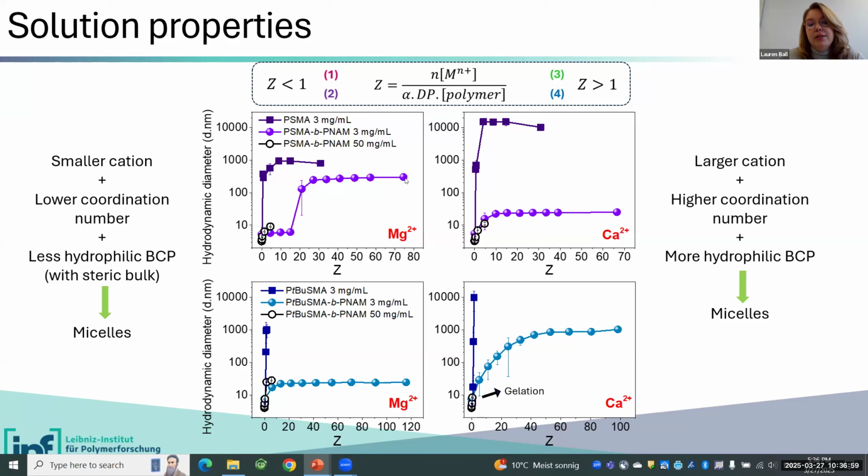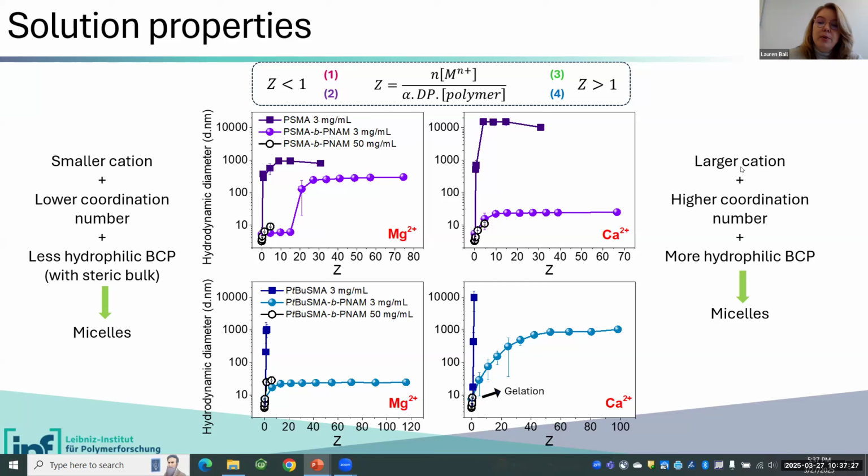But again, you can see that this particular polymer is a bit less tolerant to magnesium and more tolerant to calcium, and exactly the opposite is observed for the tert-butyl SMA block copolymer. We hypothesize this is due to a combination of factors. For starters, your calcium cations are slightly larger, with higher preferred coordination numbers, and the block copolymer PSMA-PNAM is more hydrophilic.